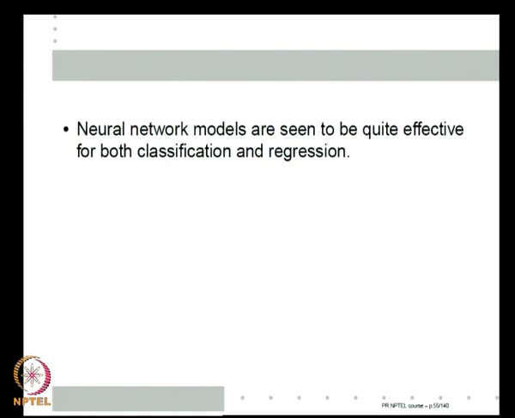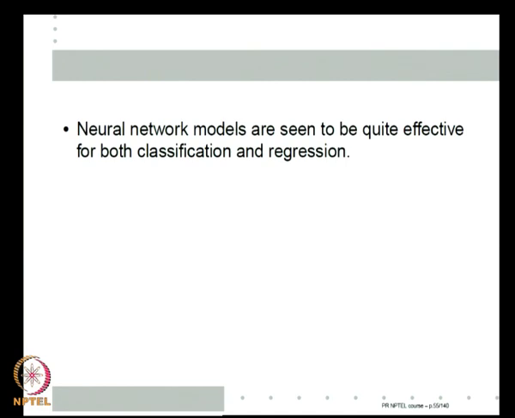Okay. So, we are almost done. We can say neural network models are seen to be... we know how to train neural networks for learning functions, for learning classifiers. We can learn nonlinear regression functions, nonlinear classifiers. We are essentially doing empirical risk minimization with the squared error loss function, and for minimization we are using gradient descent.